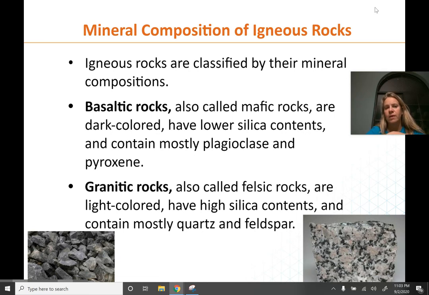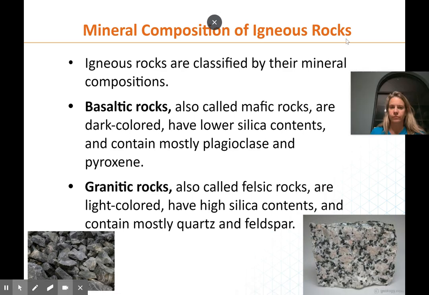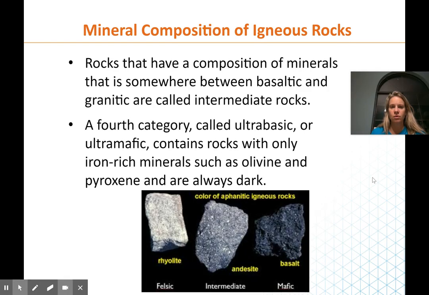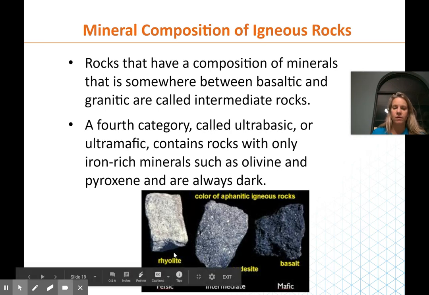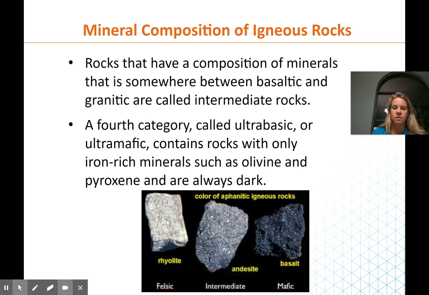Basaltic rocks have lower silica content. They tend to be darker in color, like the rocks on the left, and that formed extrusively. It has to do with the minerals that are present. All right, so we have these different minerals here, and they show different colors. Remember, we have our three main types: basalt, andesite, and rhyolite. Rhyolite has more silica, so it tends to be more explosive.